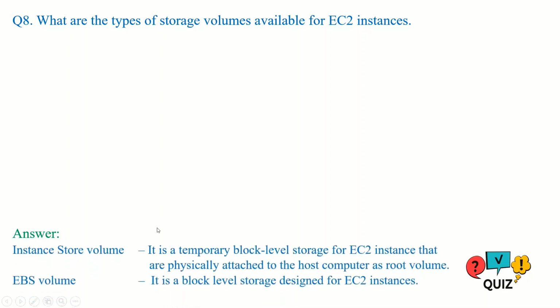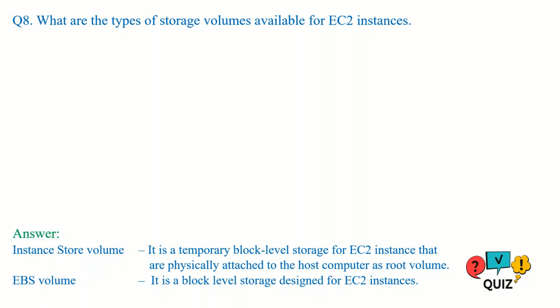Okay, we have two types of volumes. One is the instance store volume. It is temporary block level storage for EC2 instances that is physically attached to the host computer as a root volume. This volume we did not explore so far because this volume type is not available for every EC2 instance.